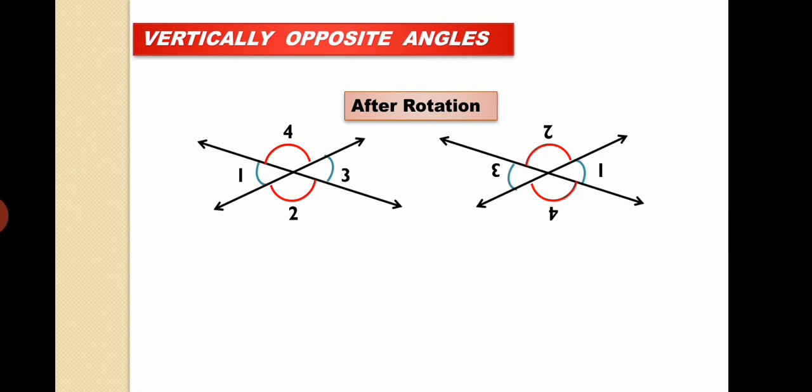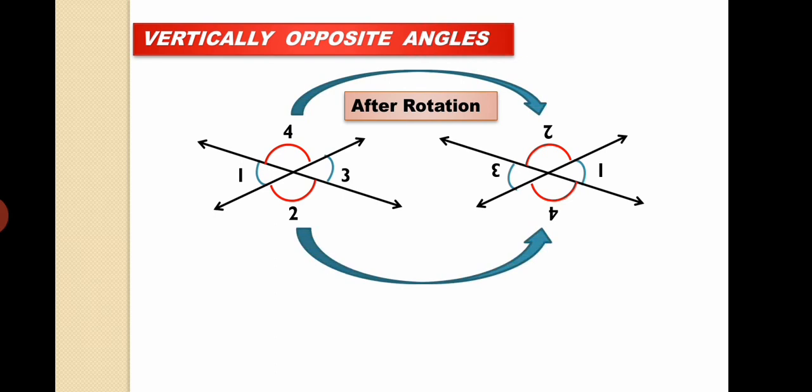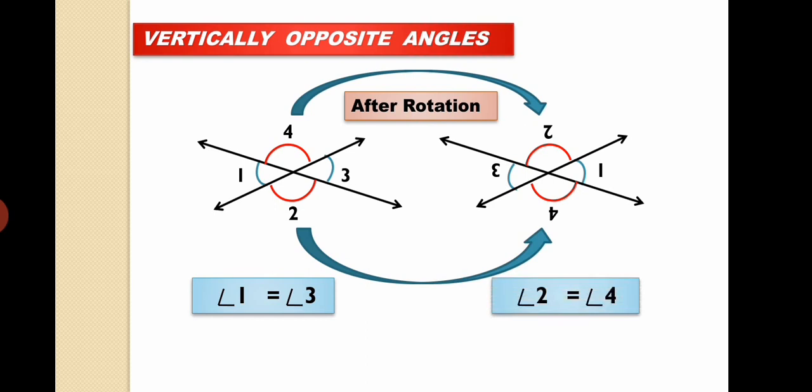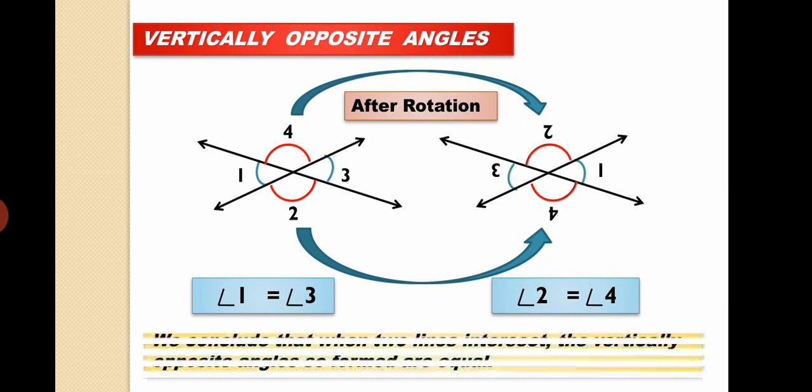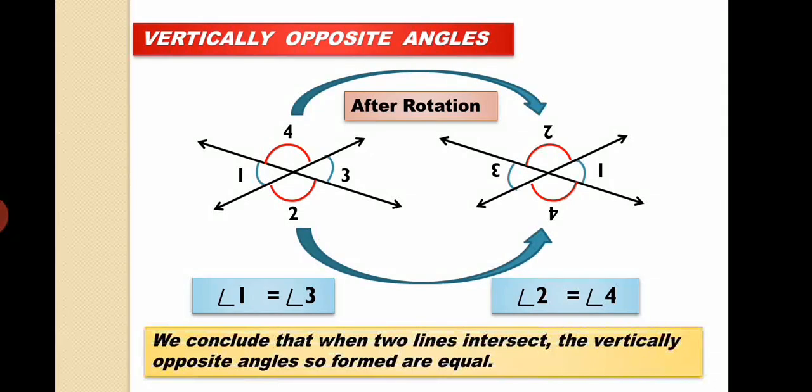It means we will get angle 1 is equal to angle 3 and angle 2 is equal to angle 4. These types of angles are called vertically opposite angles. And we conclude that when two lines intersect, then the vertically opposite angles so formed are equal.